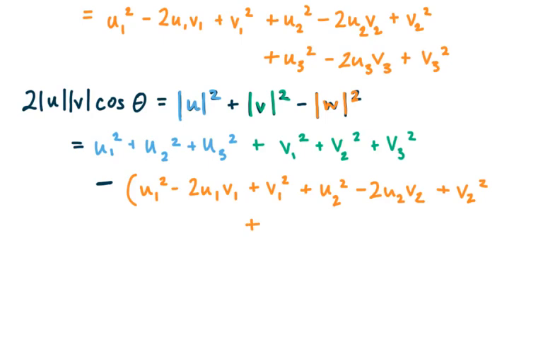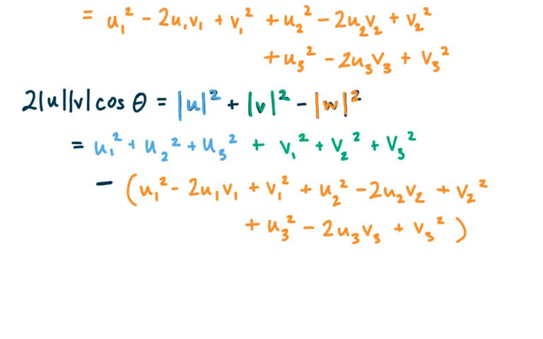And then again, we've got plus U sub 3 squared minus 2 U sub 3 V sub 3 plus V sub 3 squared. So this minus is going to distribute to all of these terms and change signs.